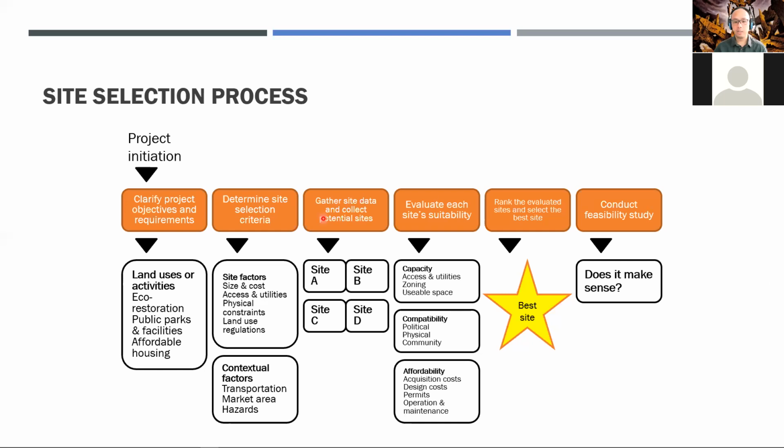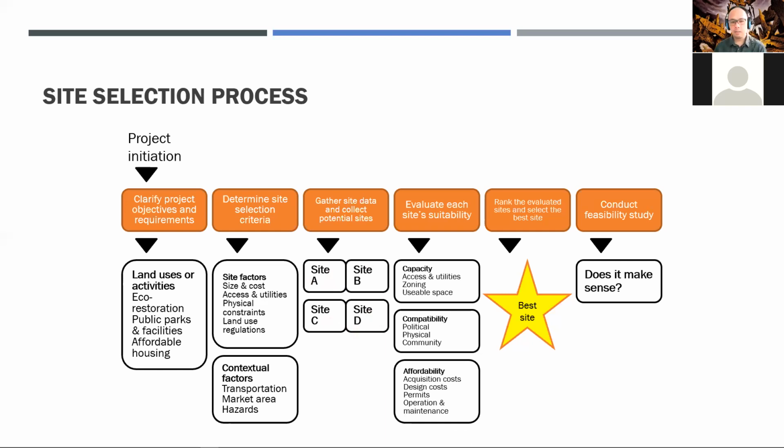Step 3. Collect site data and select potential sites. On some projects, your client may identify potential sites already. They may already have a selection of different sites.